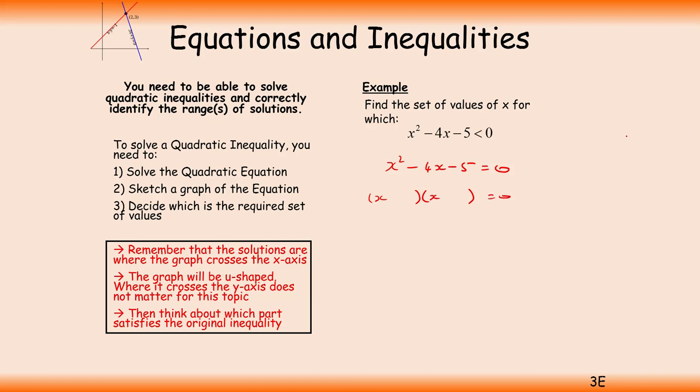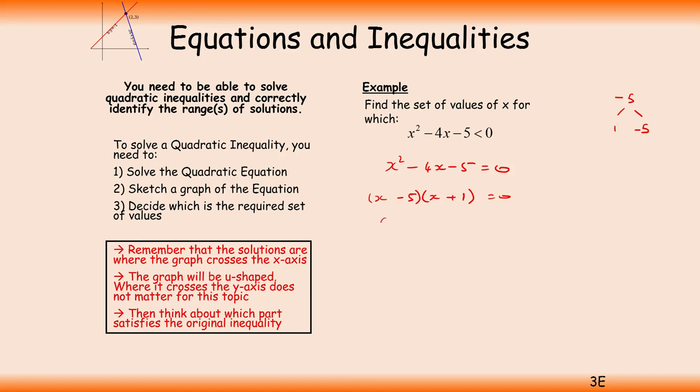I've got a minus 5 here. I'm looking for factors of 5. It's negative 5, so one of these has got to be negative. It's negative 4x, so it's going to be minus 5 and plus 1. So x minus 5, x add 1.